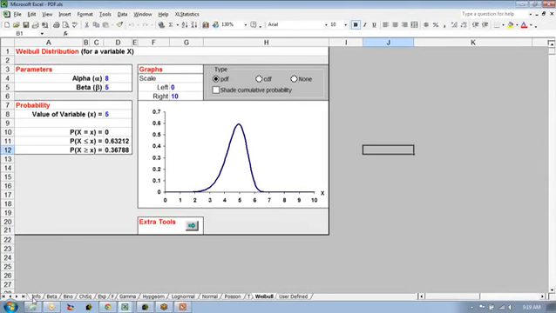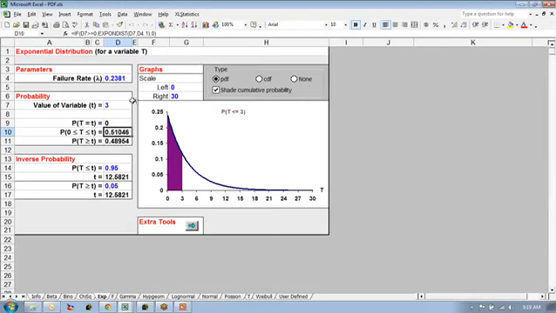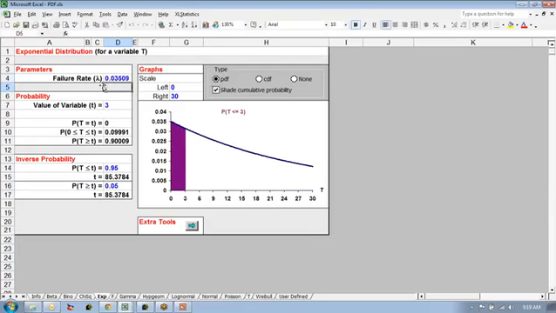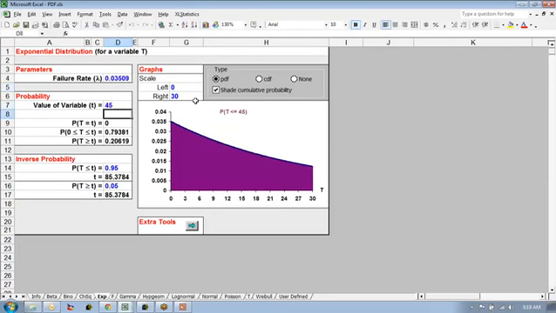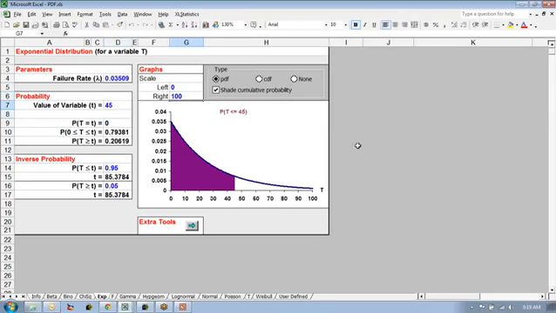So let's go to the exponential. My failure rate, in this case it's a success rate, but I have to enter in a failure rate, so it's 1 divided by 28.5. And I want to know what's the probability that I'm above 45. And I better open this up a bit. There we go.